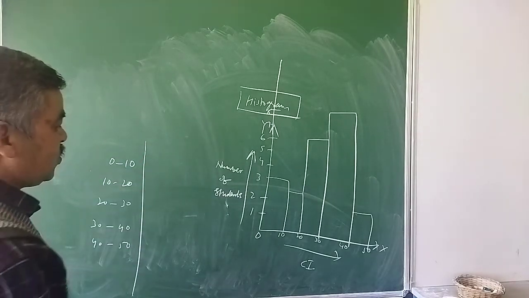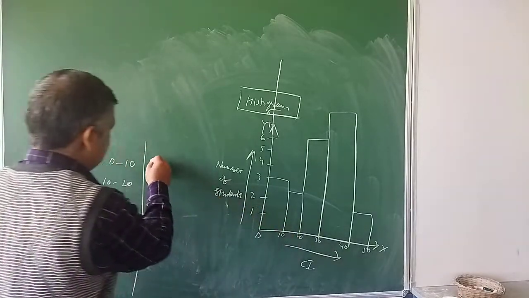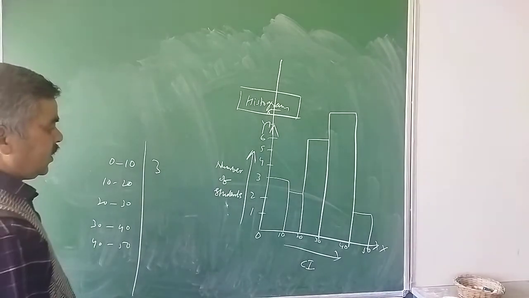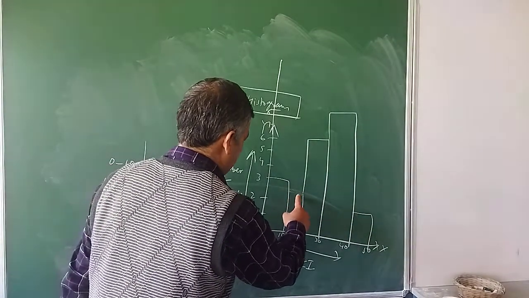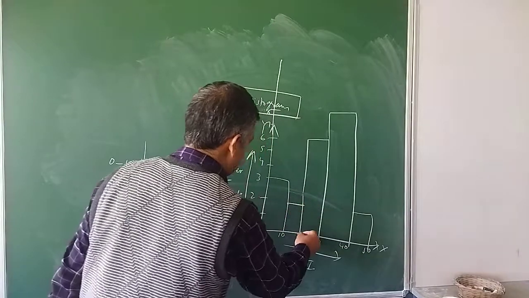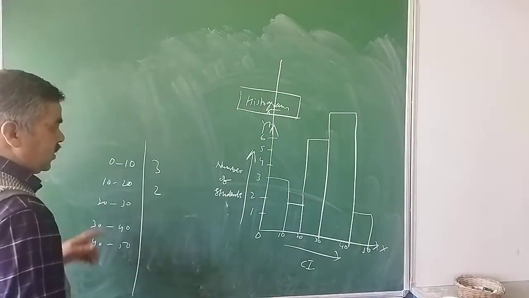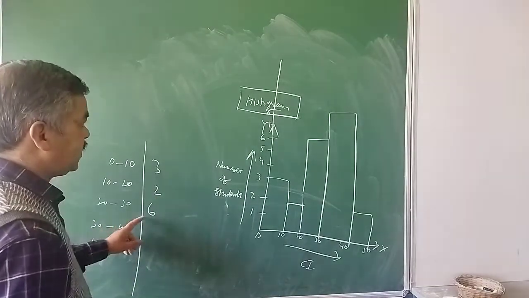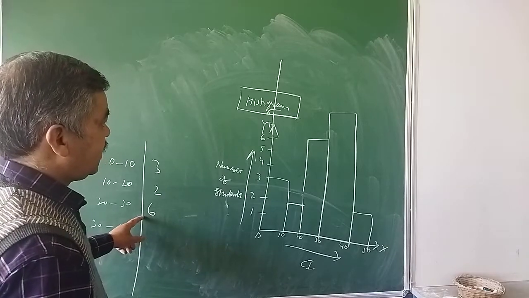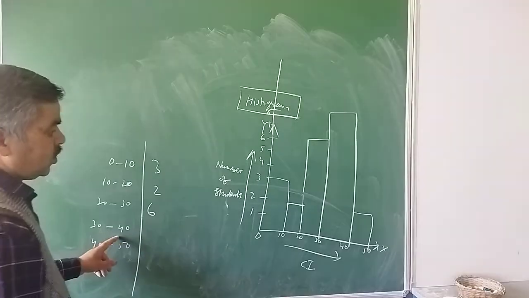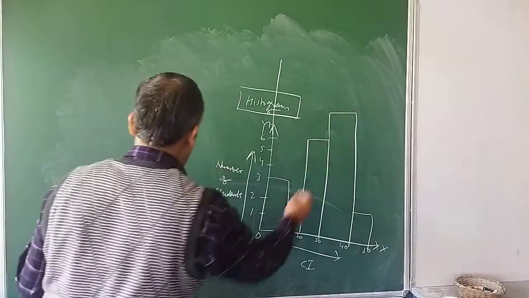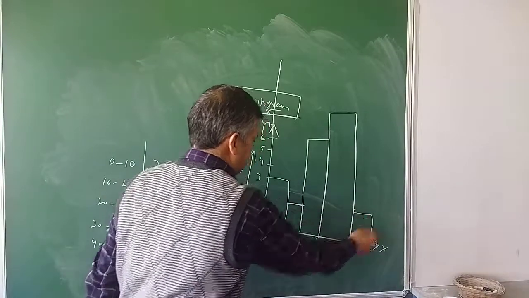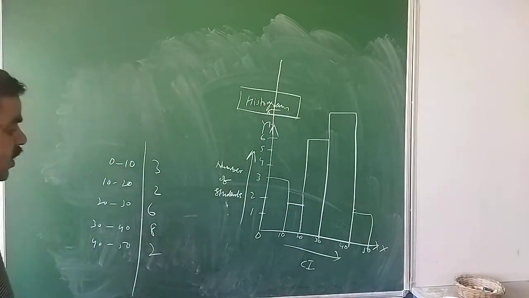There are 3 students who scored between 0 and 10, 2 students between 10 and 20, 6 students between 20 and 30, 8 students between 30 and 40, and again 2 students between 40 and 50.